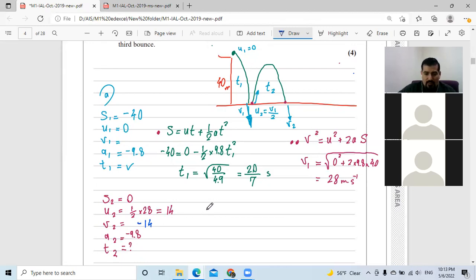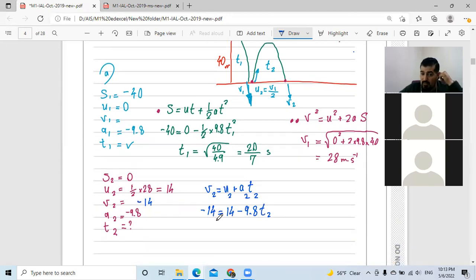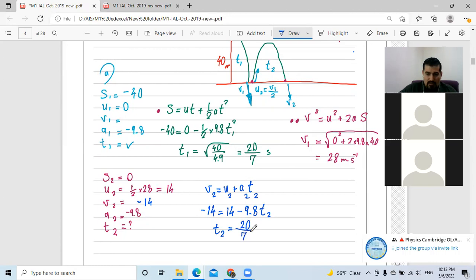If I use, for example, v equals u plus at for the second situation, that means negative 14 equals 14 minus 9.8 t2, so t2 equals 28 divided by 9.8, also 20 divided by 7. Okay, this is the third step.